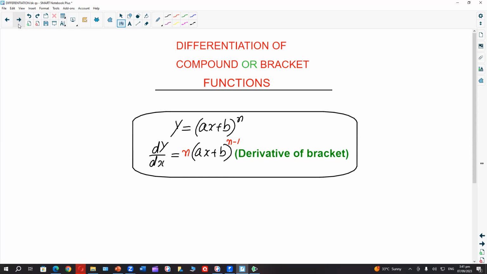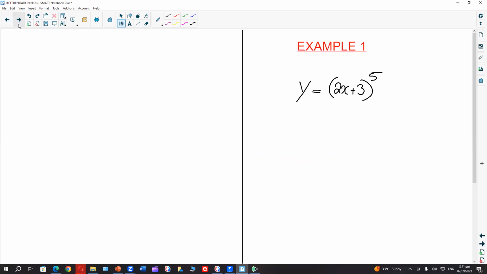Now you have to see this function. Now you have to copy this example. Copy it in the notes section.